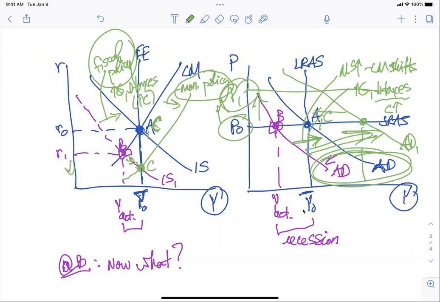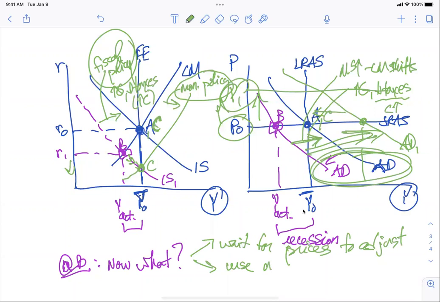So at B, you can either wait for prices to adjust, in which case you might have a recession for a while, or use macro policy to shift aggregate demand, or at least to try to shift aggregate demand. You can't make people spend more money, but that's the idea.